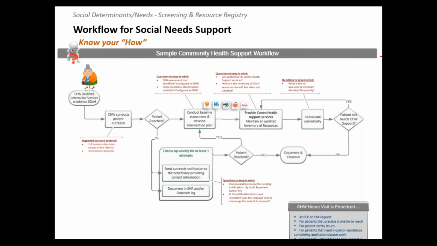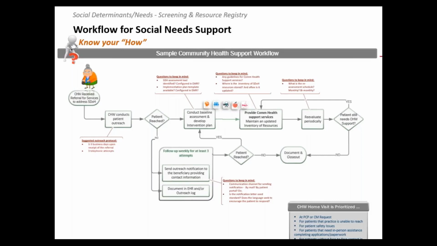Of course, there are instances, however, when the patient can't be reached or all of the needs have not been addressed following this workflow. So in that case, sometimes this will result in what is referred to as a home visit.